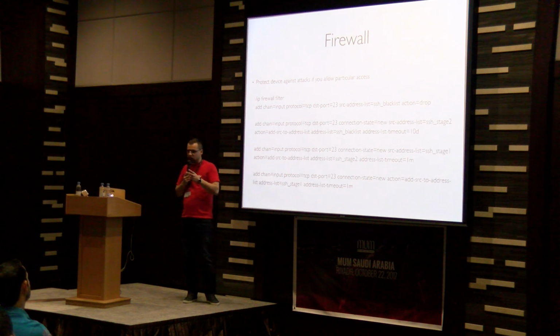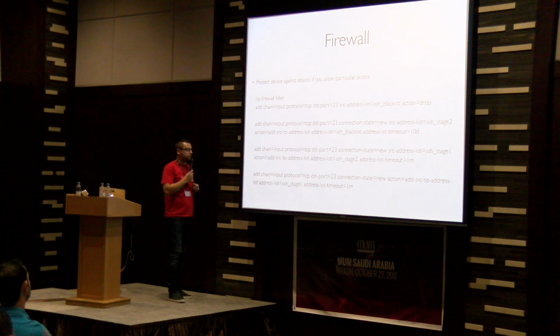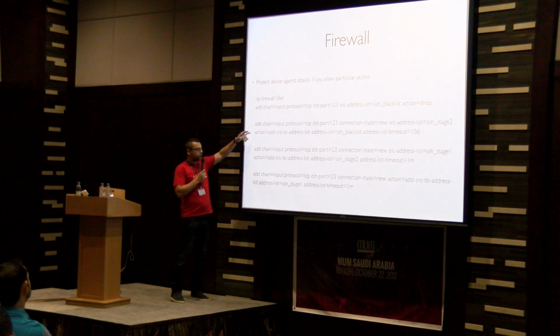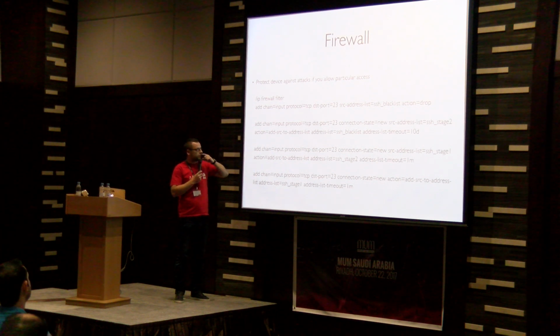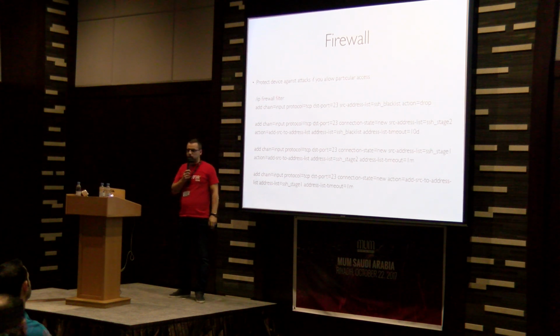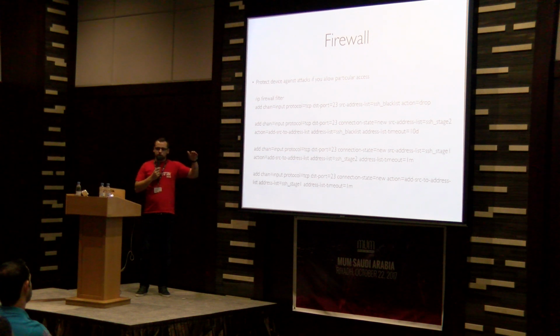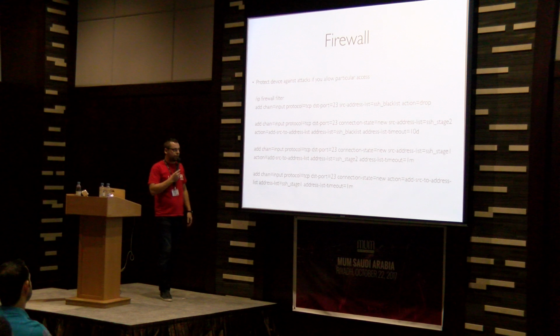It means that he has already tried to connect a second time within 1 minute. It sounds suspicious. But if he tries to do it for the third time, his IP address is already in the stage 2 address list. I will add him to the blacklist for 10 days, for example. In such a way, you can move an IP address from list to list to list and drop access for a longer period if you see it's suspicious traffic.